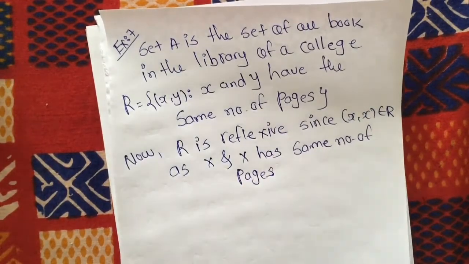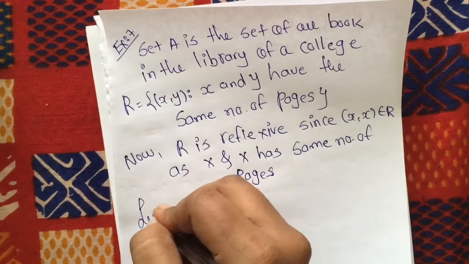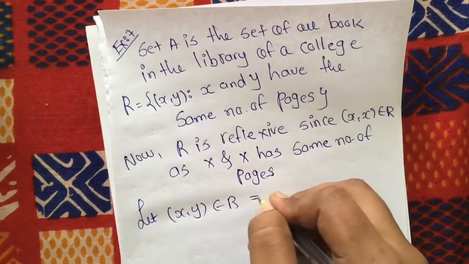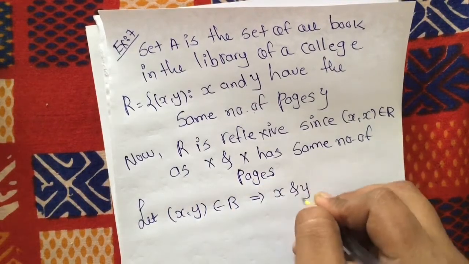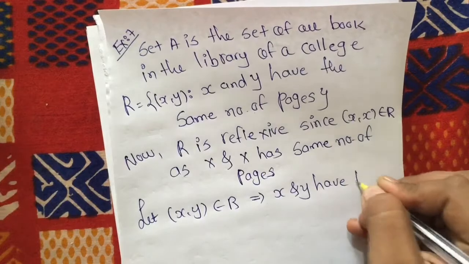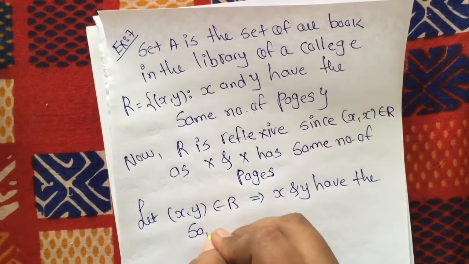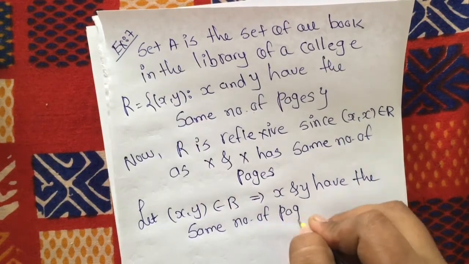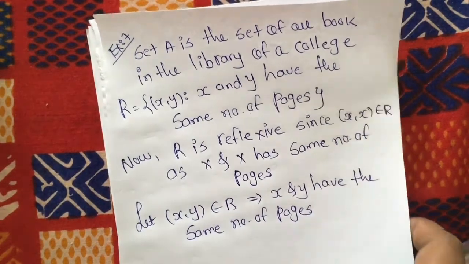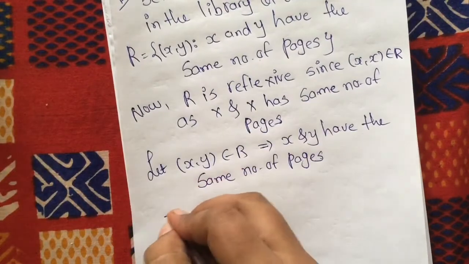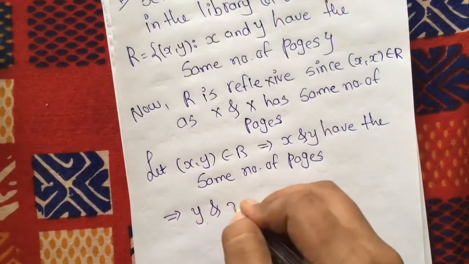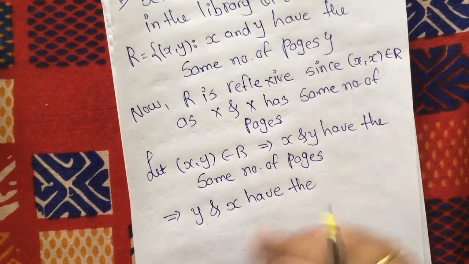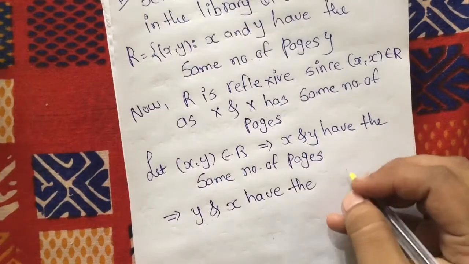Okay. Now next, let (x, y) belong to R, which implies x and y have the same number of pages, which implies y and x have the same number of pages. ऑब्वियसली अगर हम उल्टा से उल्टा भी लिखे, आगे पीछे भी लिखे, तो भी नंबर तो सेम ही रहने वाले.